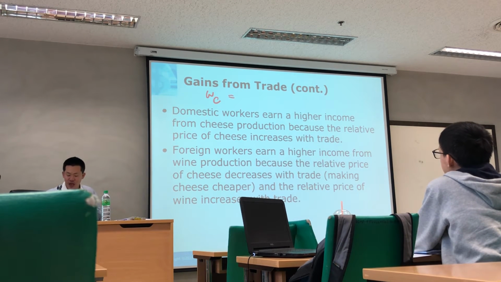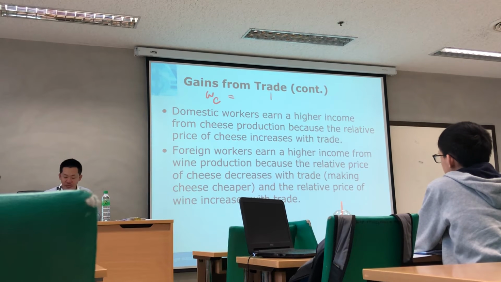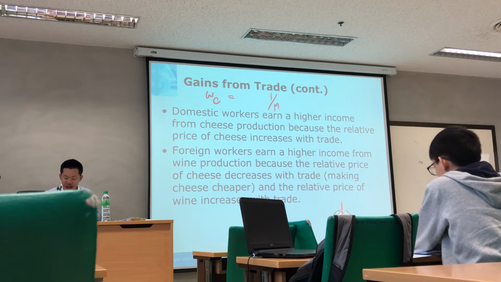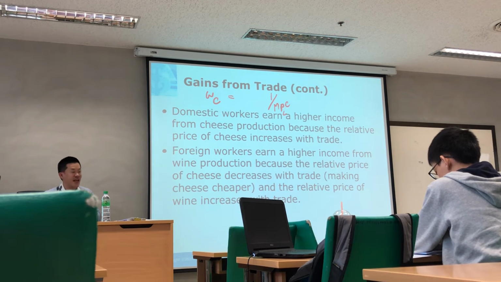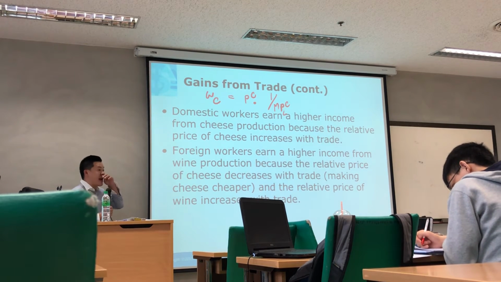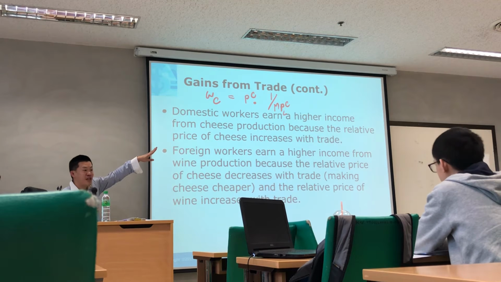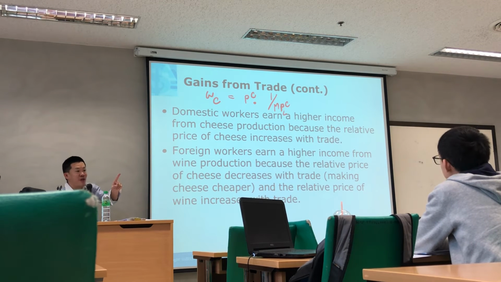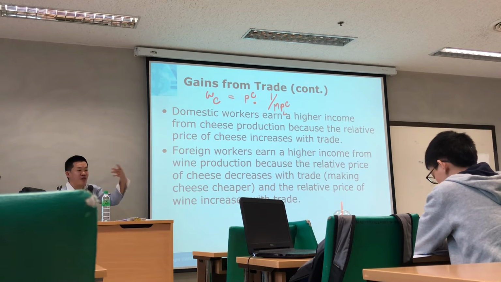So wage equals what? 1 divided by marginal productivity of labor in the cheese industry times price of cheese, right? Because 1 over marginal product. Marginal product means 1 hour can produce how many goods, right?